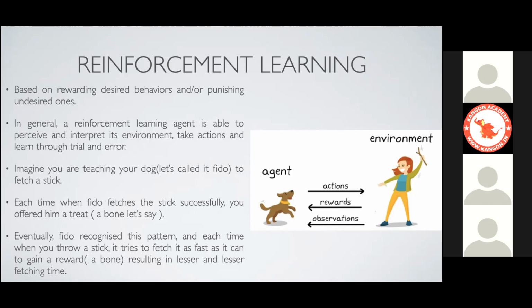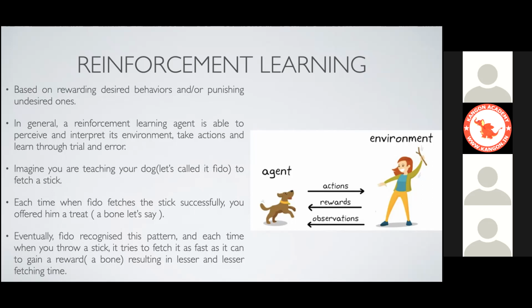A reinforcement learning agent is able to perceive and interpret its environment, it can take action, and it can learn through trial and error.